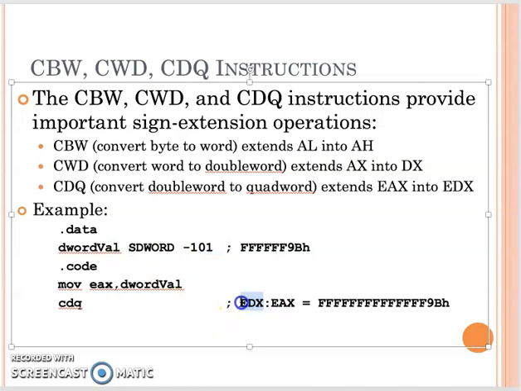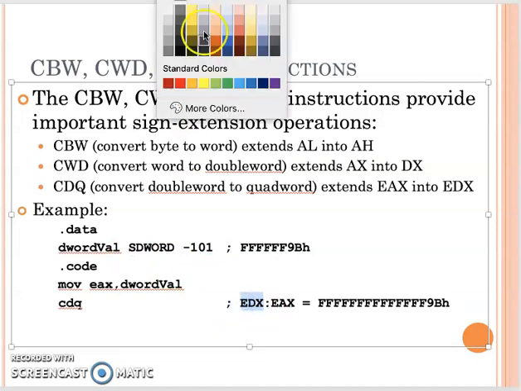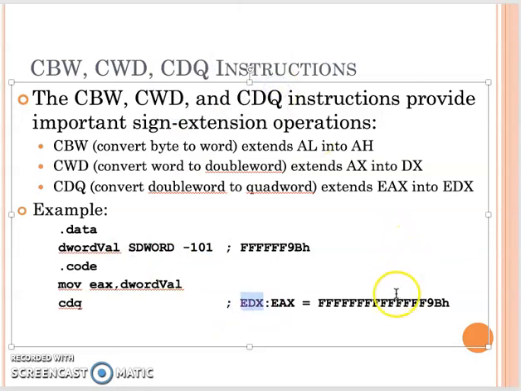So you need to make sure EDX holds the sign extension, all four bytes. So you call CDQ before you do the IDIV instruction.